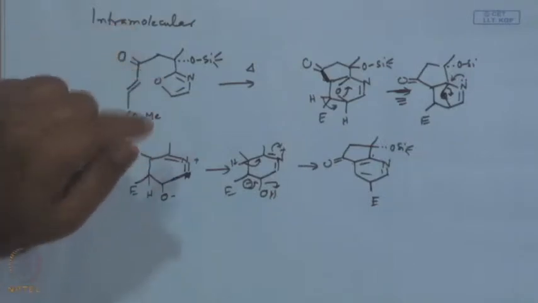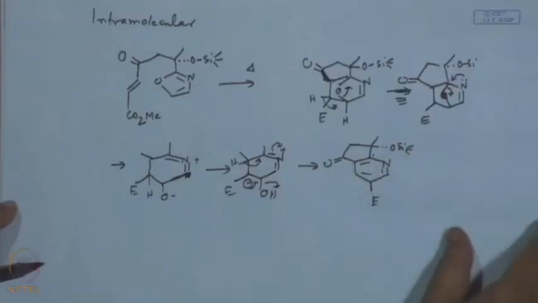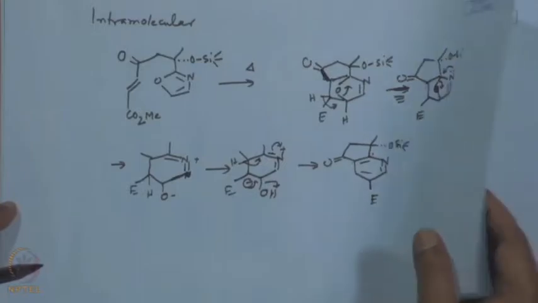That oxazoles are very nice dienophiles in case of this diene, and they undergo nice Diels-Alder reactions, and the end result is the construction of pyridine, and as you can see here you have a bicyclic pyridine nucleus, and the substituents are as they were.